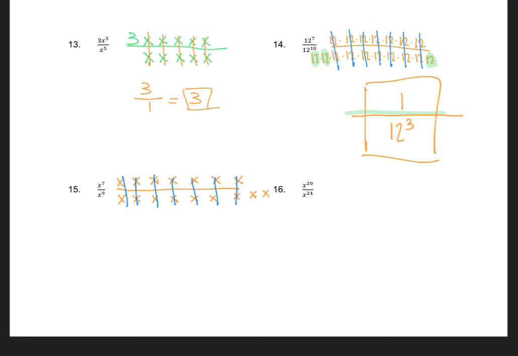They're left over on the bottom. So when I write my answer, I have x squared as my answer, or x to the second. But my x squared has to be on the bottom in the denominator, and on the top has to be a 1 as a placeholder. So it's 1 over x to the second.